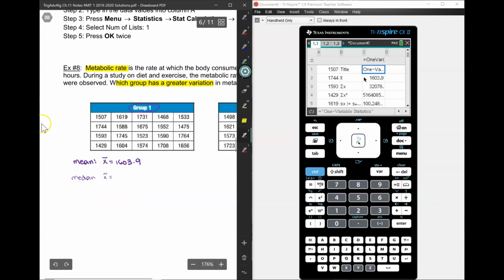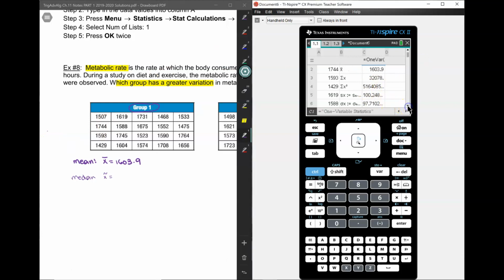If you scroll down a little bit, it actually tells you the median right there is 1591.5. It's important that you know how to do this on your calculator, by the way, because you're going to be doing it a couple times on the quiz.